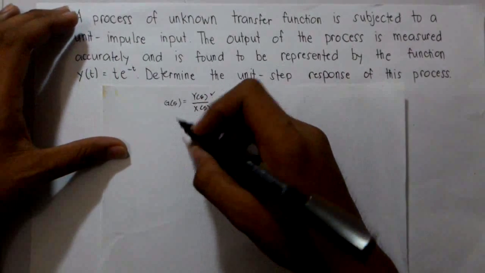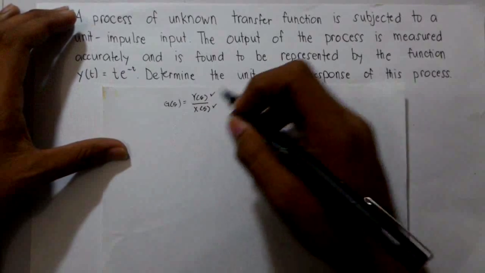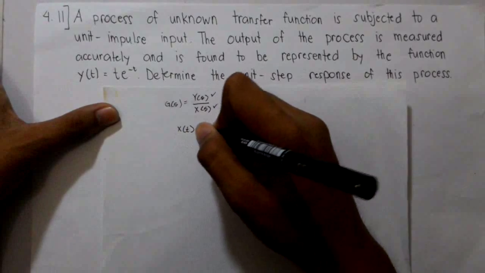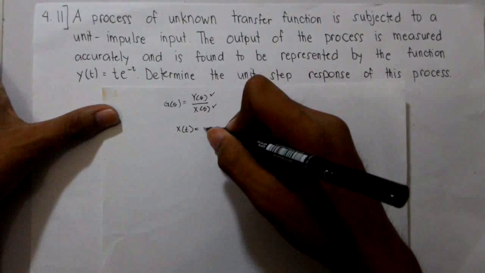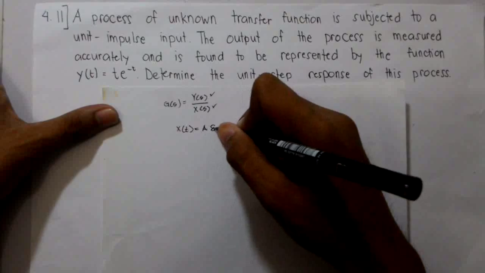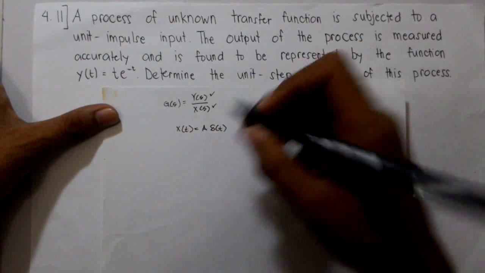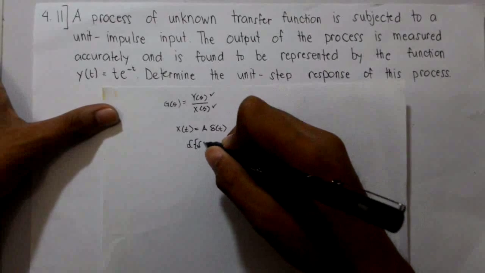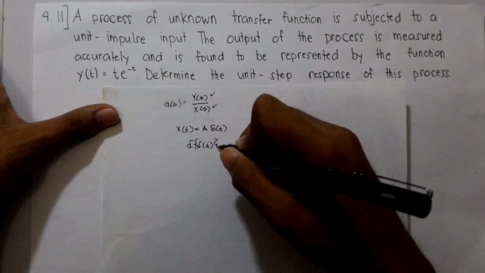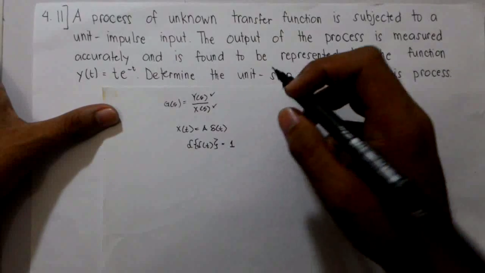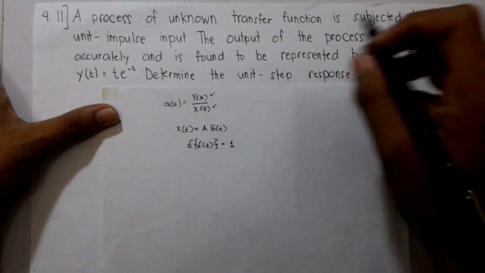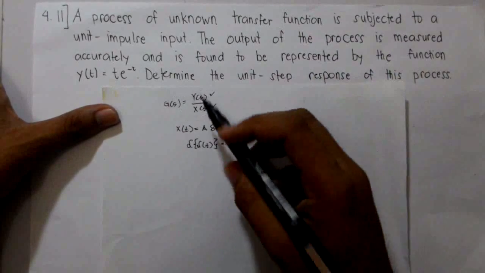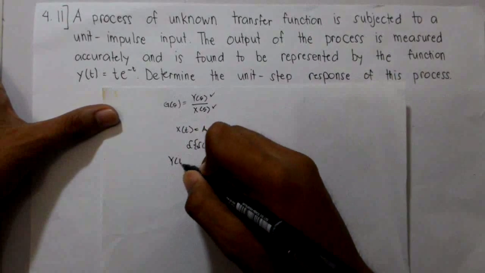The unit impulse input can be represented by x(t) = δ(t), a delta function, and the Laplace transform of the delta function is equal to 1. Now to find Y(s), we have to use the function of the output, which is y(t).